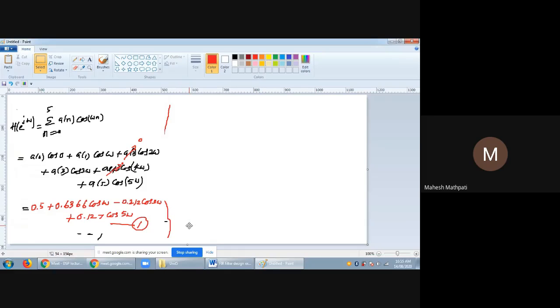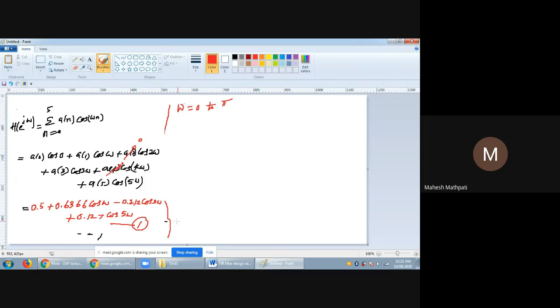Here we are varying the value of omega from 0 to pi, and calculating the values.